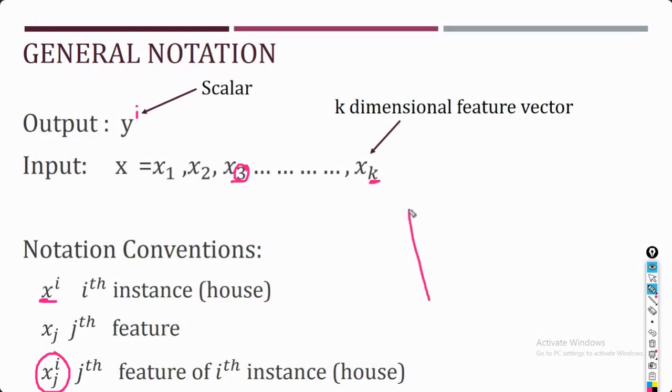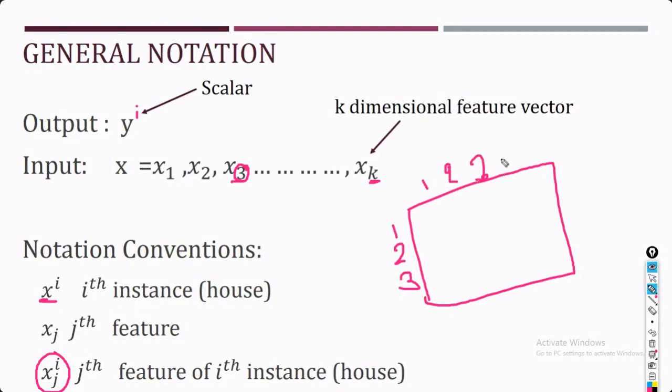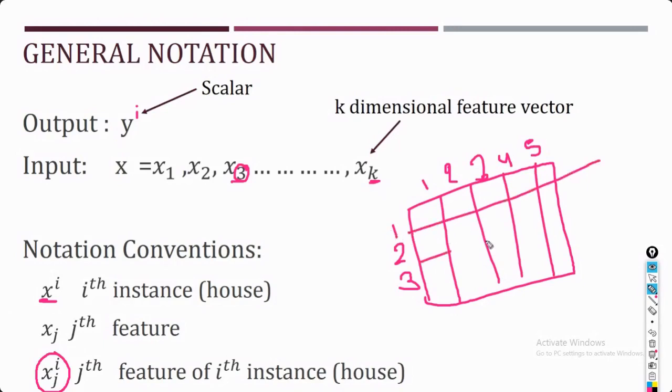Suppose we have this, here we are writing 1, 2, just representing the instances, and this is representing the features of the instances. And what I'm writing is x 3 2.